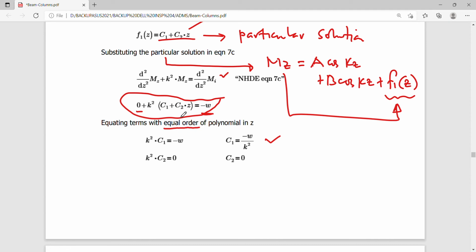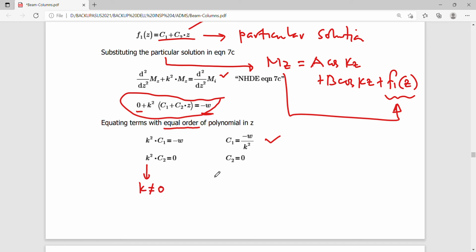Now we equate the term which has a first order, or the linear term, which is C2Z. There's no linear term here, therefore it is 0. So this is k squared, C2 equals 0, therefore C2 is 0 because k cannot be 0.